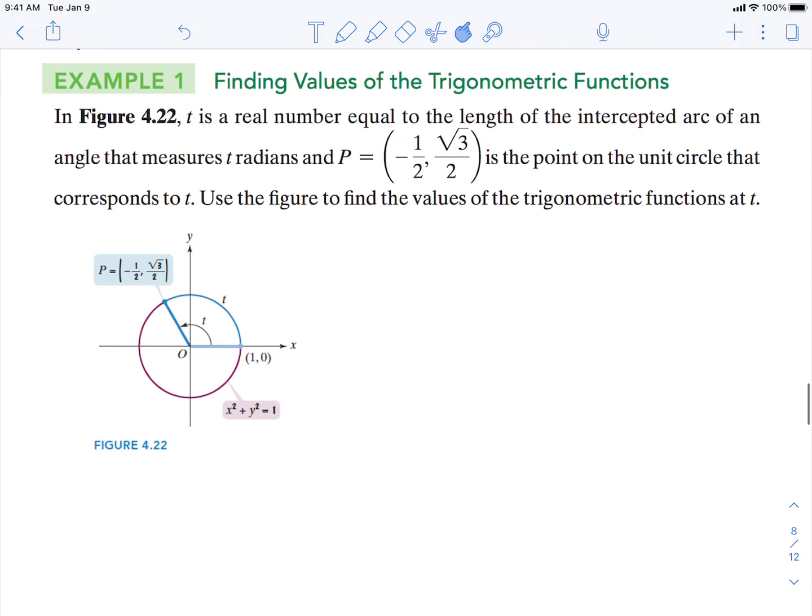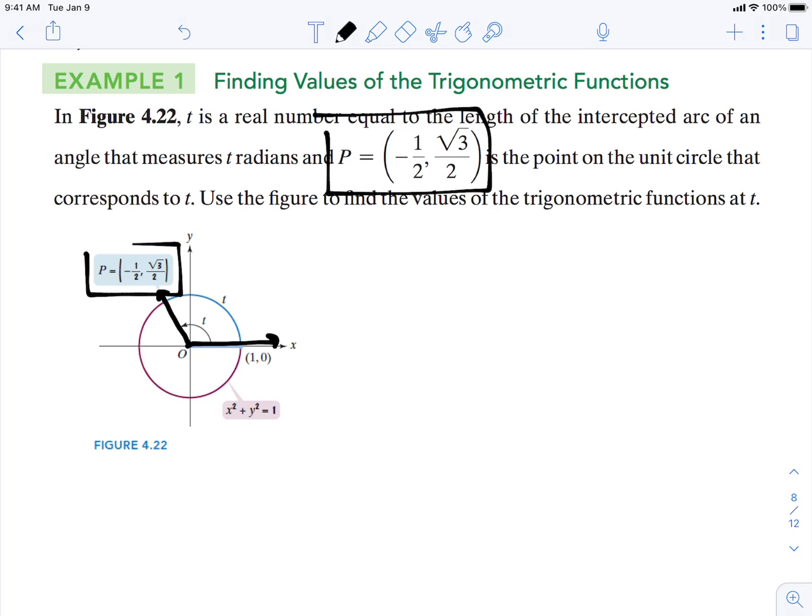So here's our first example. We want to find the values of the trig function. So we're going to use this figure, and we have a point given to us. And what we want to do is find this on the unit circle to then find the angle measure.